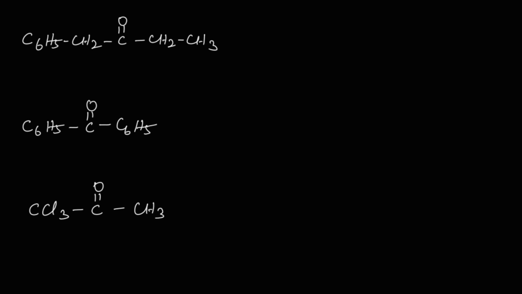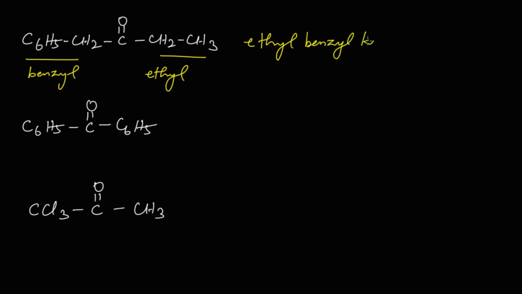Okay. Come on, let's give the common name for these compounds now. Here, this is ethyl and this is benzyl. So the common name of the first one is ethyl benzyl ketone. Here, this is phenyl and this is phenyl. 2 phenyl groups are attached, so diphenyl ketone.